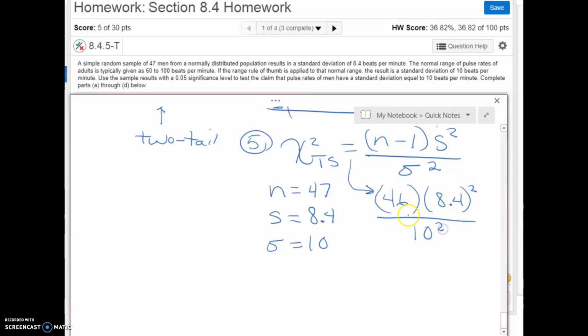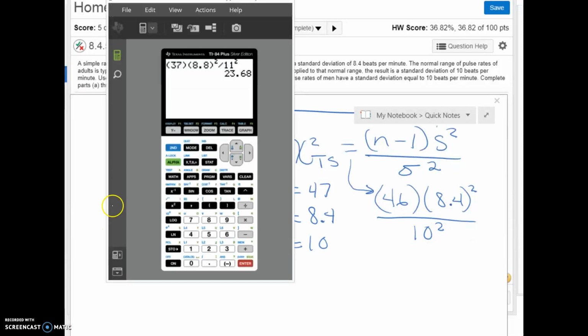On your calculator, because this is just multiplication and division, you can just enter it just like that. 46 times 8.4 squared divided by 10 squared is going to give me 32.46.